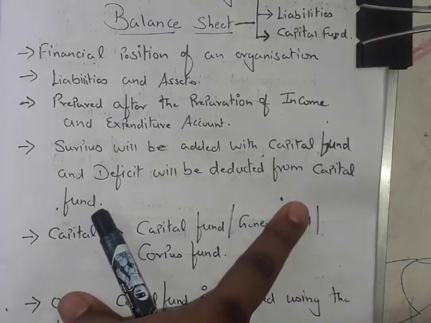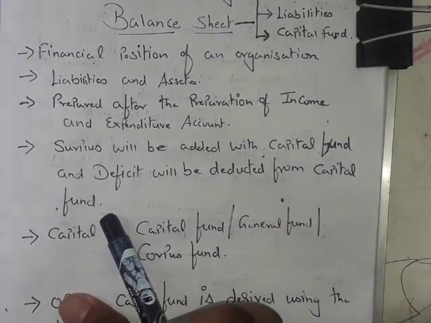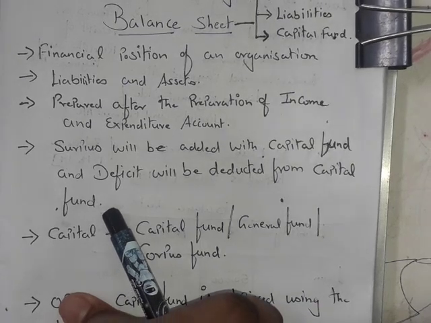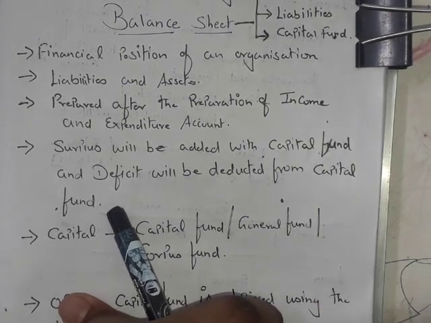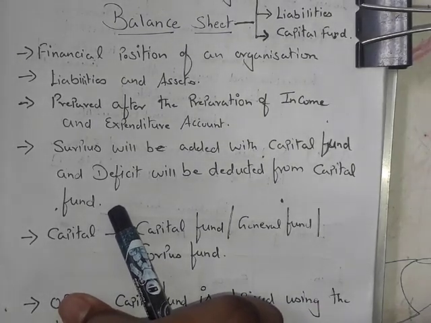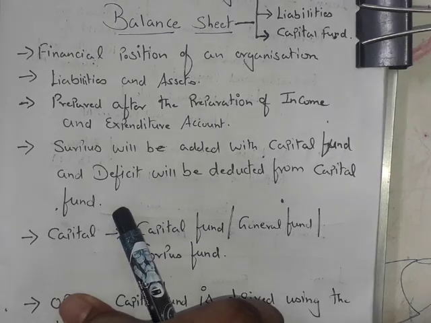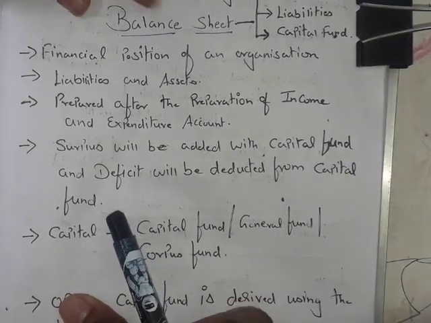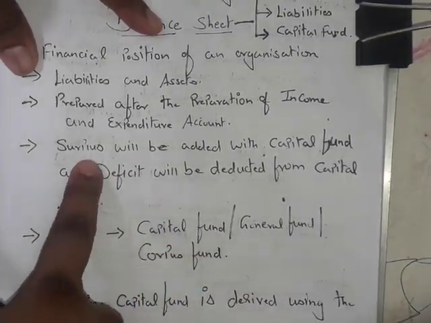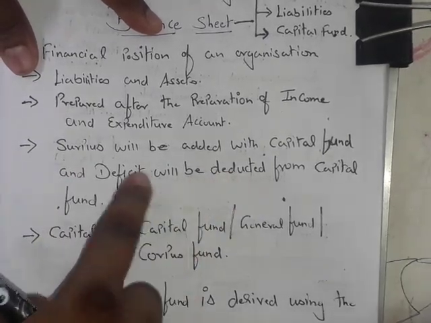So once your income and expenditure account gets over, you have to start preparing your balance sheet. The end result of your income and expenditure account might either be surplus or, if not, a deficit.